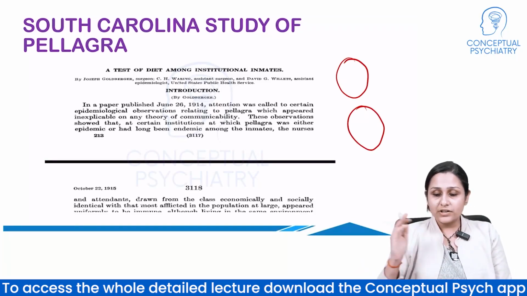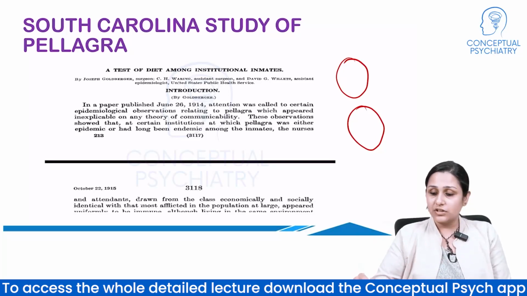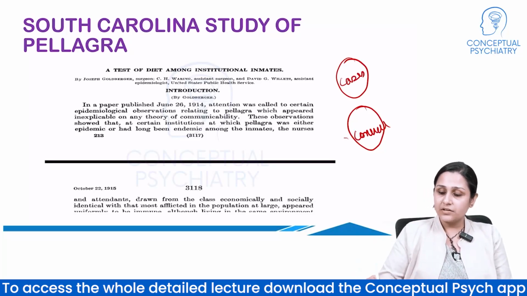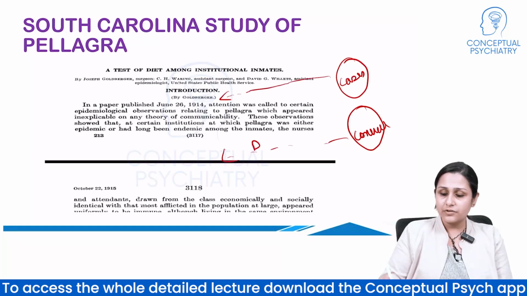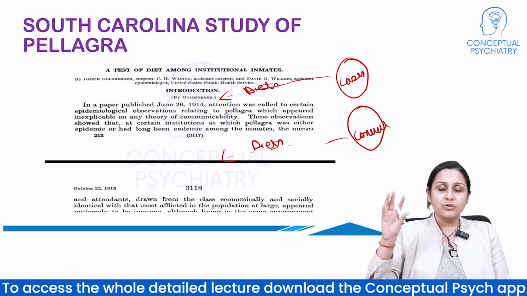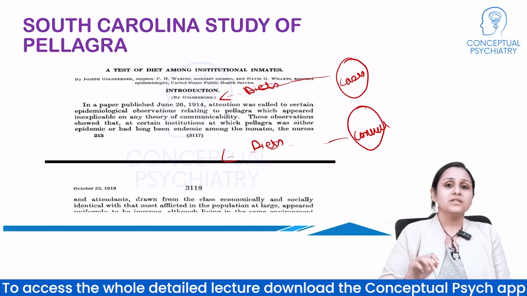At that point in time, they did not know that niacin deficiency could cause pellagra. So they looked at the cases, they looked at the controls, and they went back in time and found out that their diets are different. And so they looked at what is different in the diet between cases and controls, and found out that it is possibly niacin deficiency that led to the manifestation of this disease.